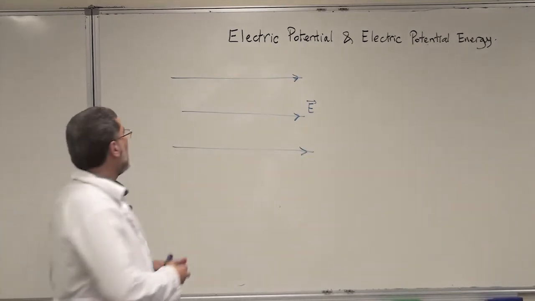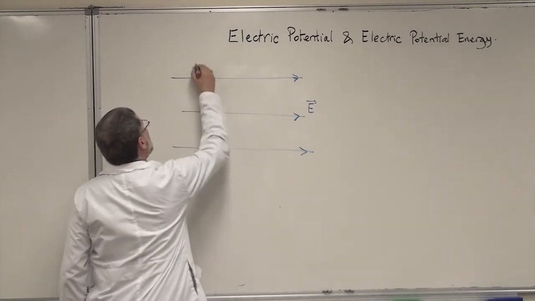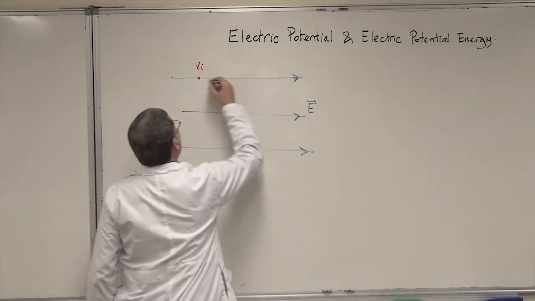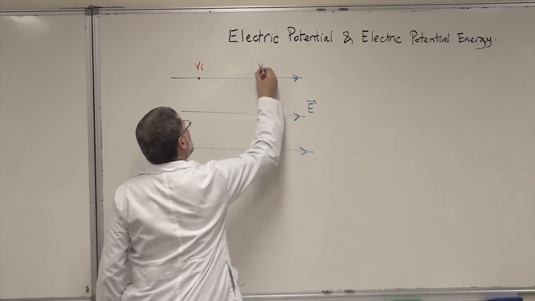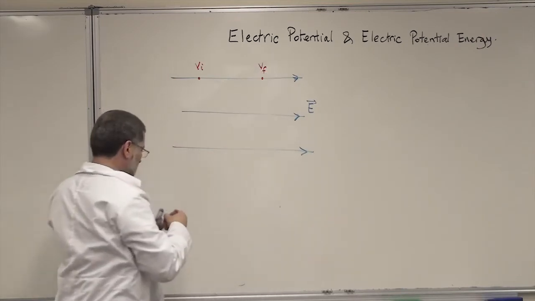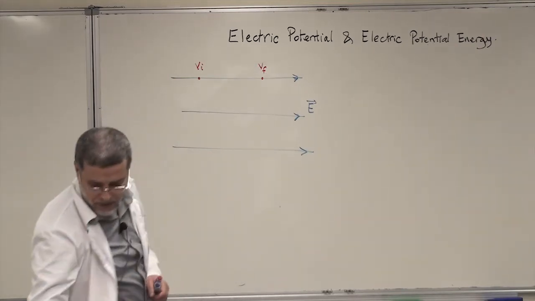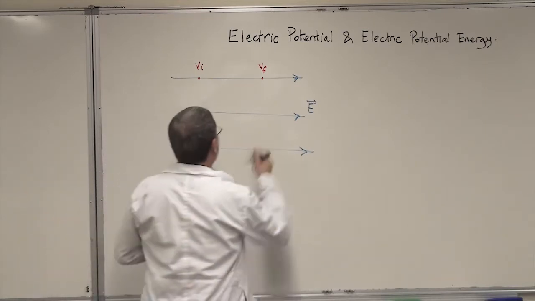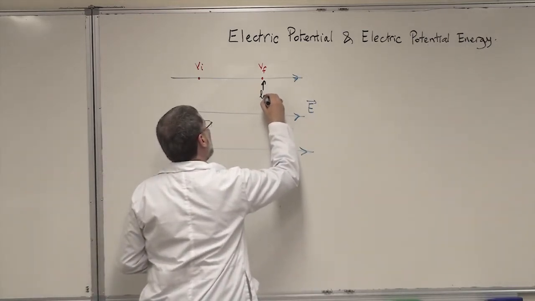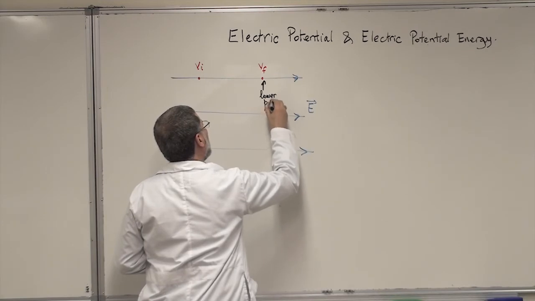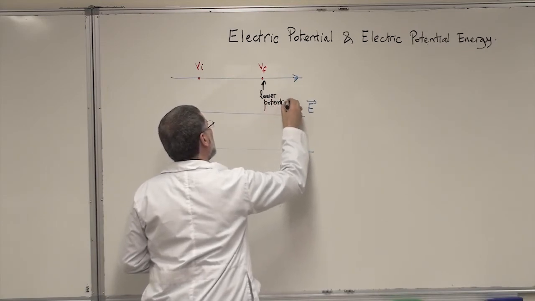And I hope, if I tell you this point here has an initial potential VI, and this point a potential VF, you can tell me that this point has a lower potential. But lower than what? Than this point here.